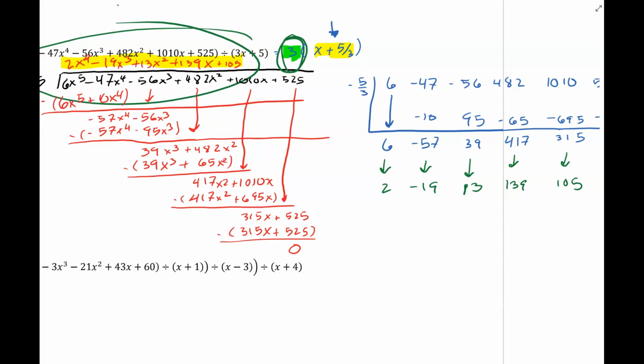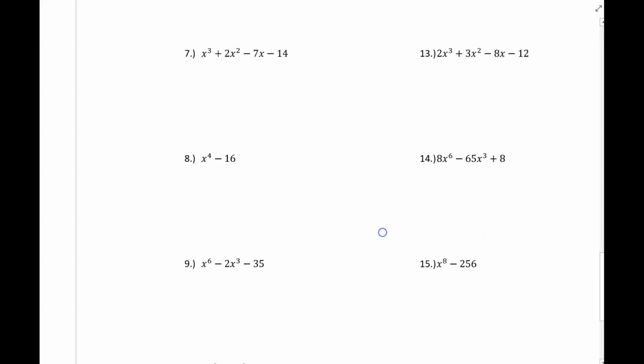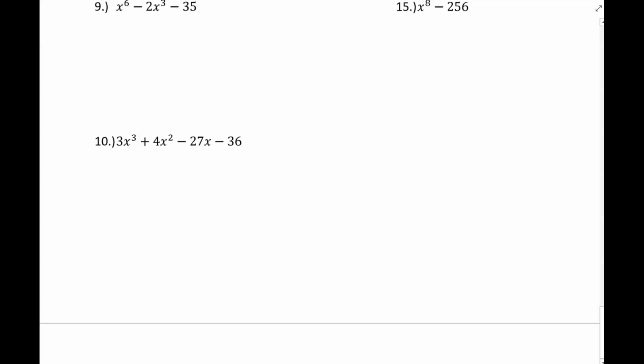Do you want to talk about any of these factoring problems? Of course I can do 10. All right. So if we look at number 10, when I'm going to factor one of these, what's the first thing I need to look at to determine how I want to factor this? I have to look at the number of terms. How many terms does this polynomial have? 4.